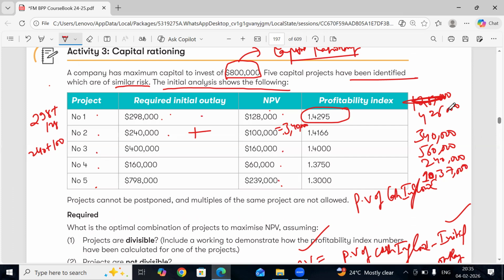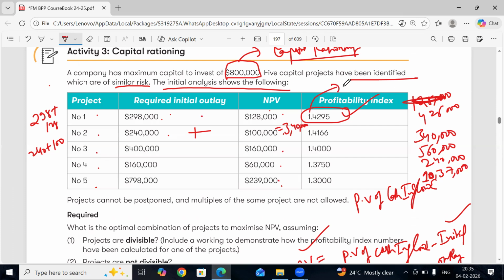Now, you have inflow and you have outflow. Divide this. 4,26,000 divided by 2,98,000 is 1.4295.